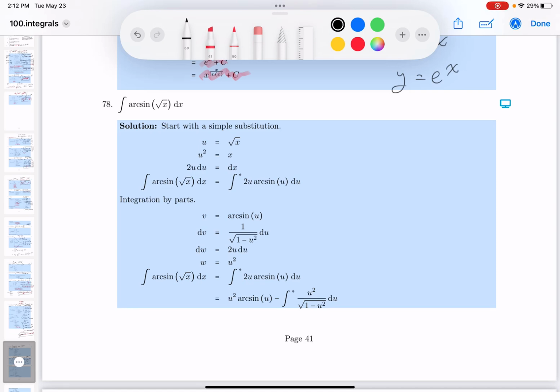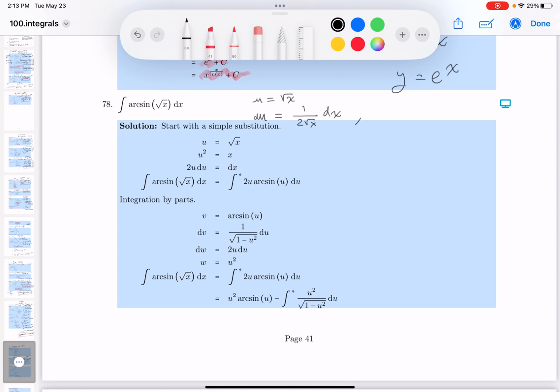Okay, for 78, I would probably start with the simplest substitution possible. Let u equal the root of x, and that means du would equal 1 over 2 root x dx.